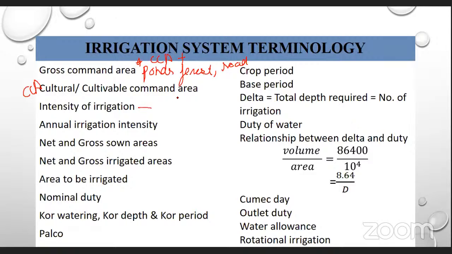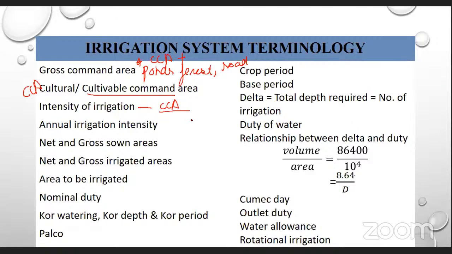As I told you, we don't have to focus on how much water is available during the culturable command area. Whatever land can be used for cultivation of anything is known as a culturable command area.